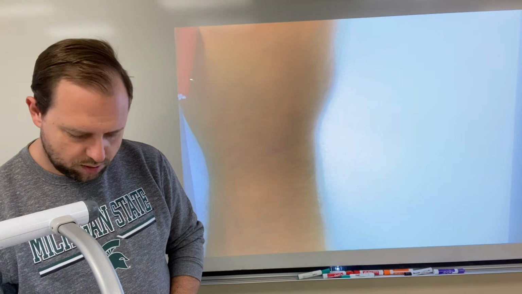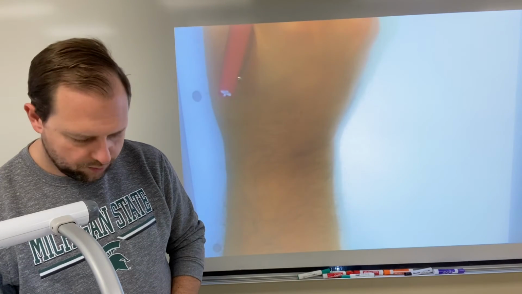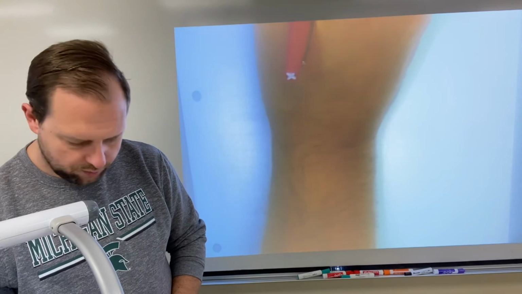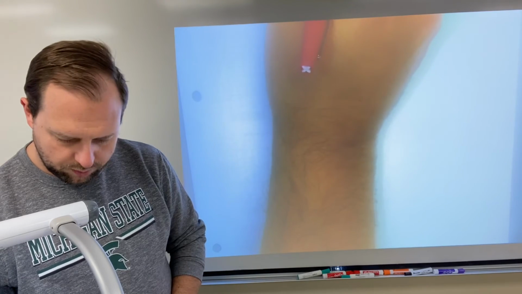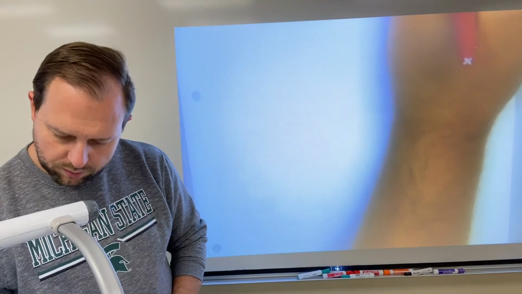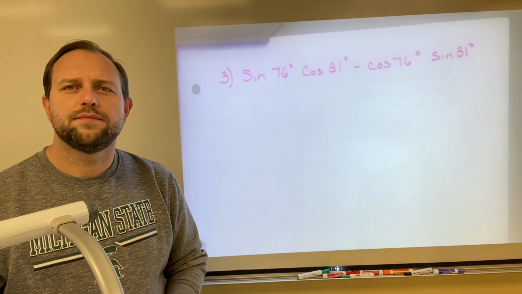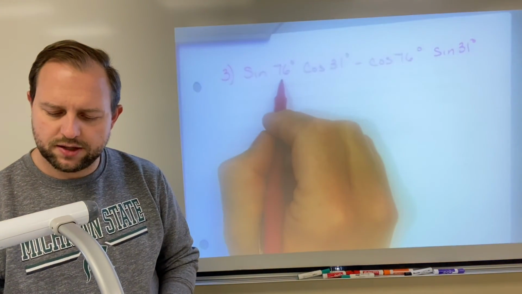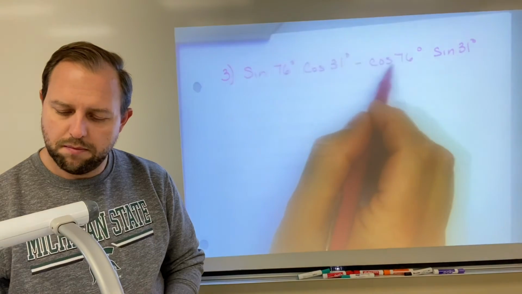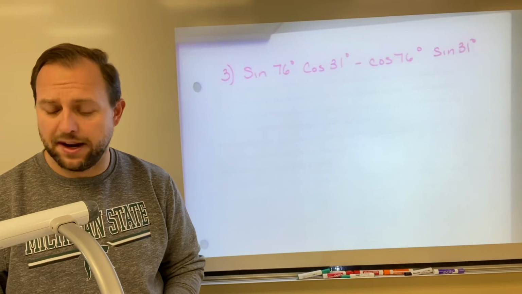If you're given the problem backwards, okay? Sine 76 degrees, cosine 31 degrees, minus cosine 76 degrees, sine 31 degrees. Well, what is that?